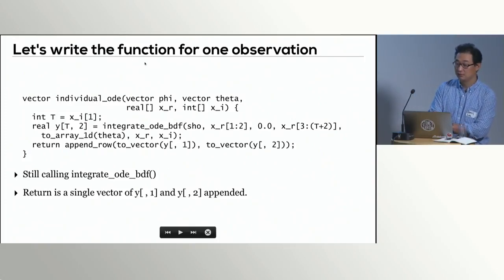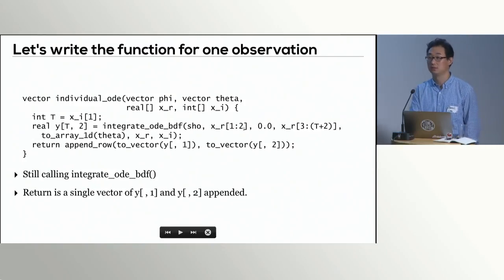So let's write the function for one observation. Right? So this is it. The return type's vector, I've called it individual_ODE. There's a vector phi, a vector theta, real xr, and int xi. What I've done inside here is I've included the t as my first xi variable, or first element in there. And then I'm just going to call integrate_ode with the xr 1, 2, that's going to be my initial conditions.